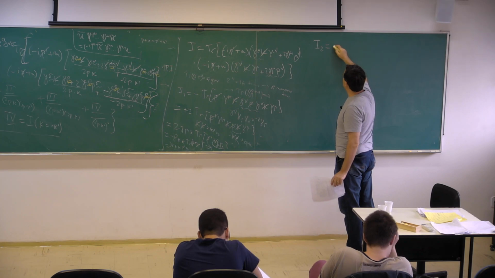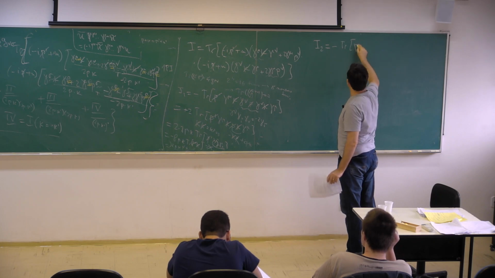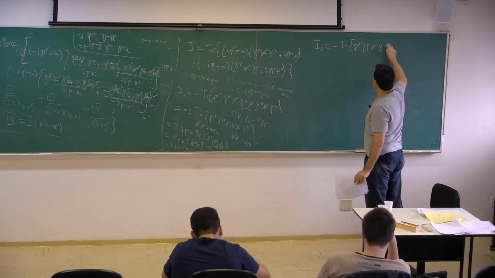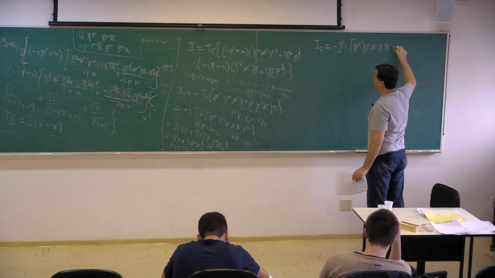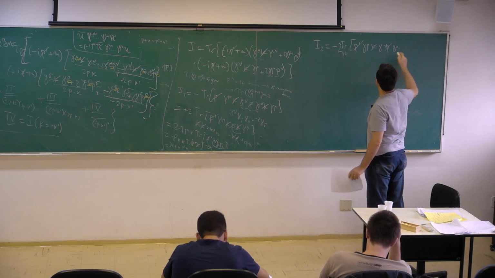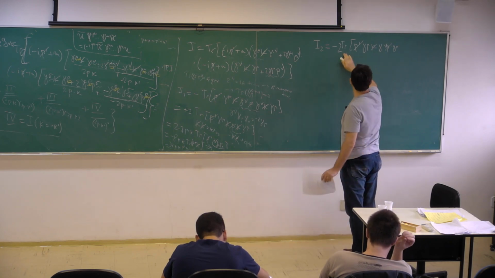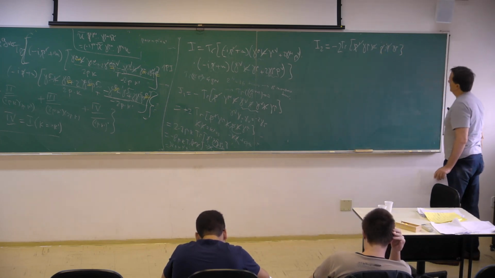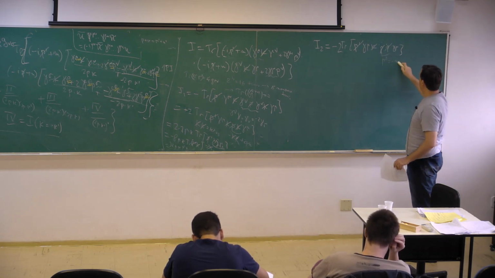So again, minus i squared, that's minus, trace p prime slash gamma mu k slash gamma nu, p slash, and then 2 gamma mu and p mu. Oh, okay. And since it's p mu, I can put it here already. So p slash, right? But p slash p slash is p squared, which is minus m squared.